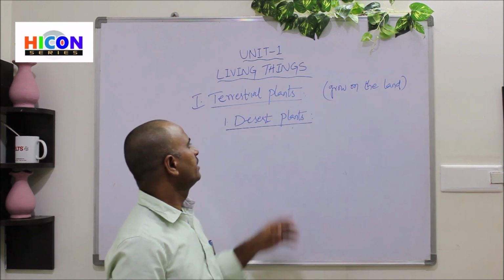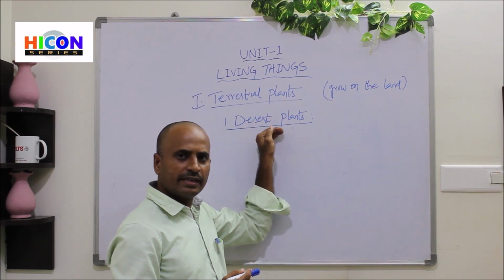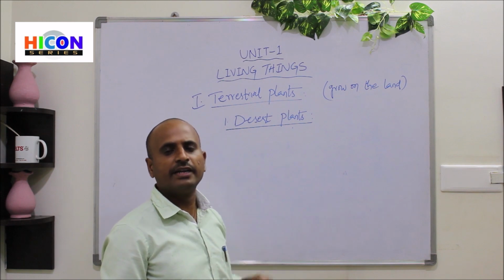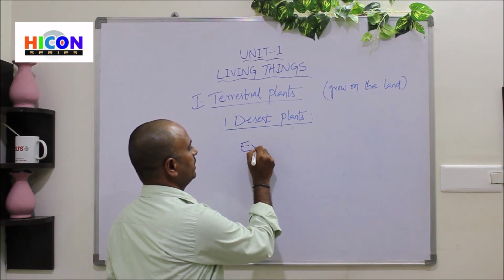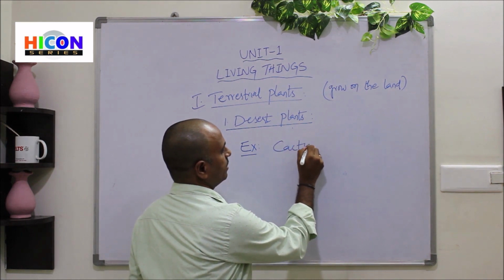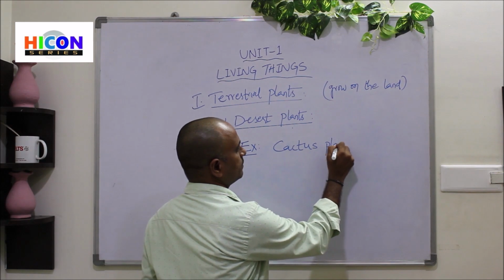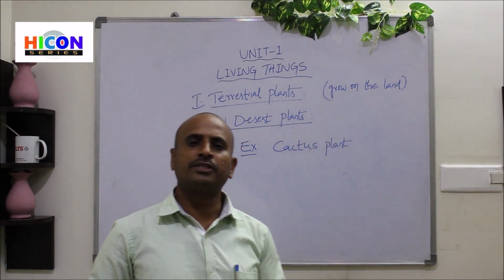So the plants which grow in such climatic conditions, the example for desert plants, is the cactus. Look at the picture.